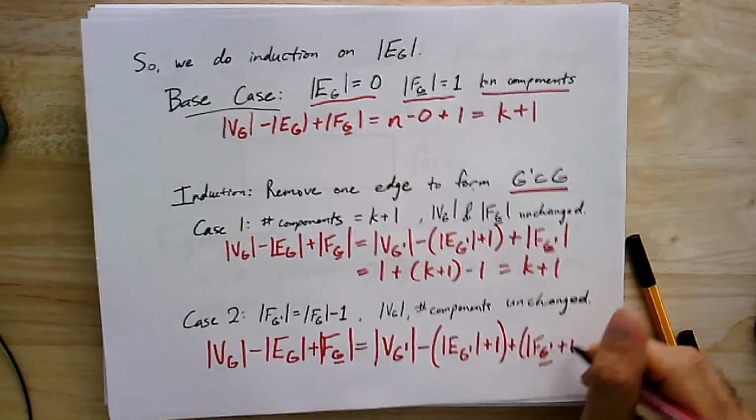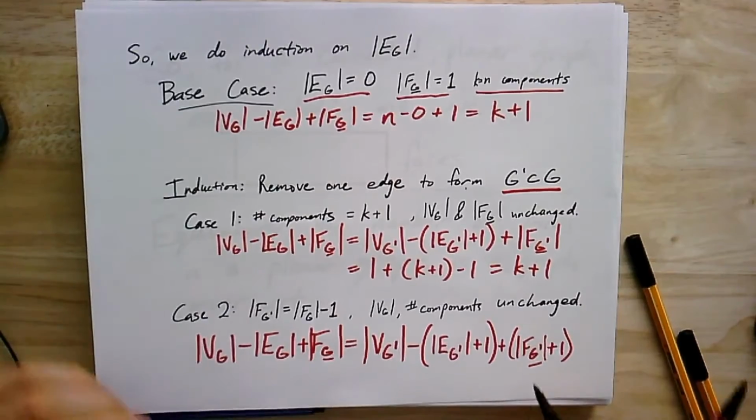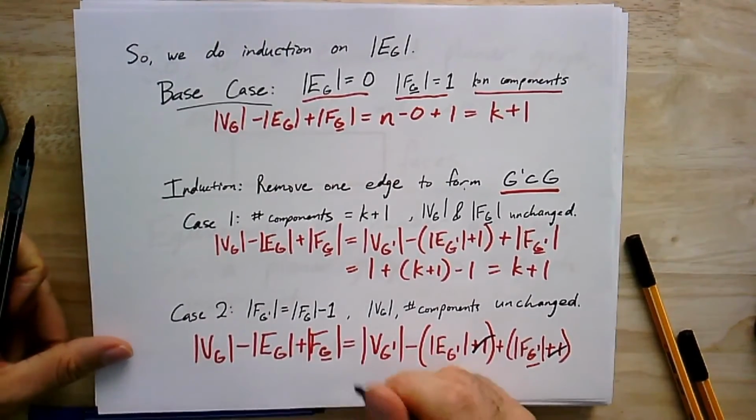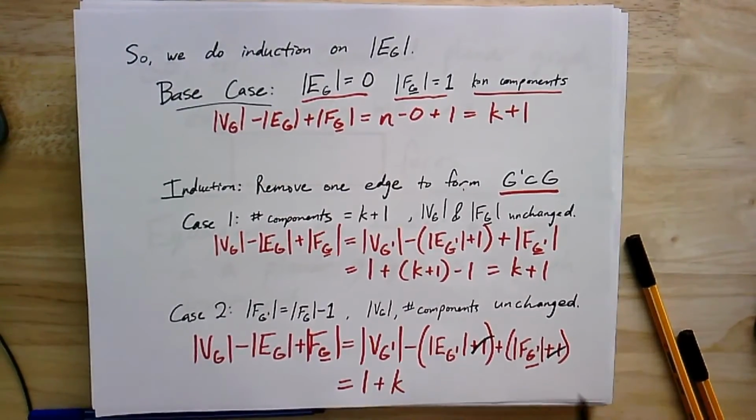Okay, so that's the one that has changed. You can cancel these, so the plus 1 here and the plus 1 here cancel, and the result is 1 plus k. So there you go.